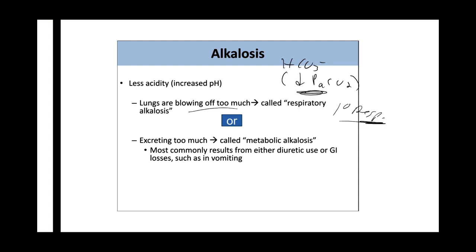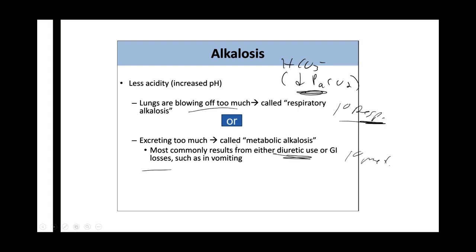Now, for metabolic alkalosis, too much acid is excreted, in cases of diuretics or GI losses. It'll be a primary metabolic cause. Sorry, I should have looked at these slides before.